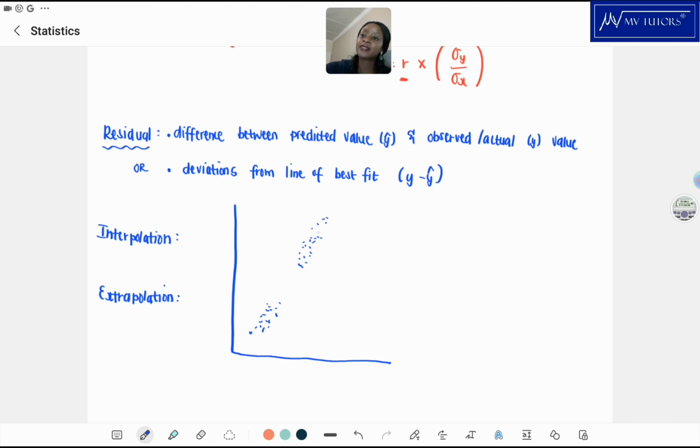Then you have data again that continues. Let's say this is the amount of years and some other variable. Now you want to plot your line of best fit, but there is missing data.